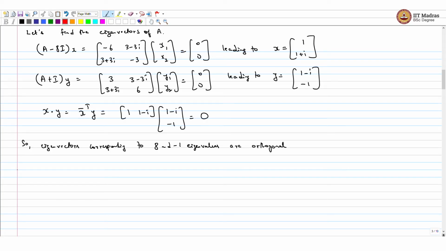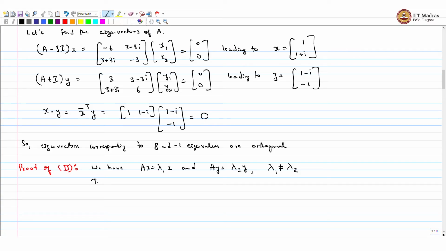So let's look at the proof of the second claim in the most general case. Okay. So again, we have Ax equals lambda 1 x, and Ay equals lambda 2 y, and we are given that lambda 1 not equal to lambda 2.